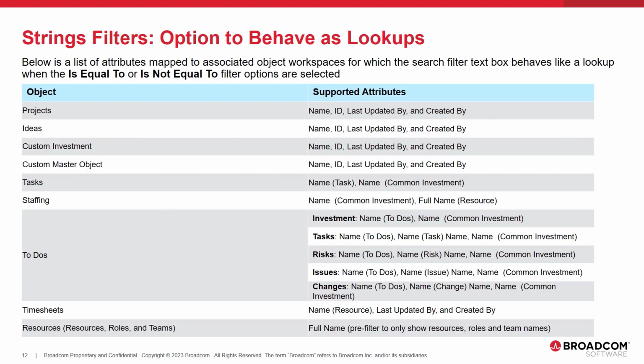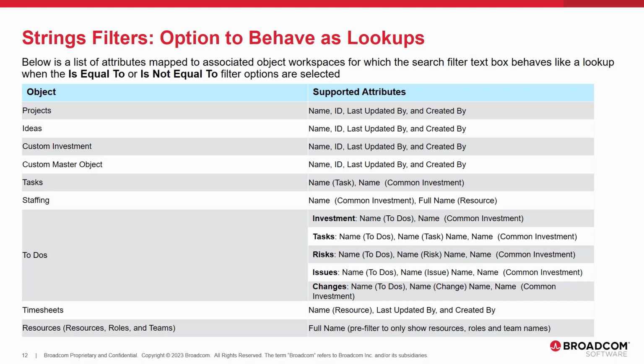Here we can see the selected attributes mapped to associated object workspaces for which the search filter text box behaves like a lookup when is equal to or is not equal to filter operators are selected, namely name, ID, last updated by and created by for projects, ideas, custom investments and custom master objects. It would be task name and investment name for tasks.